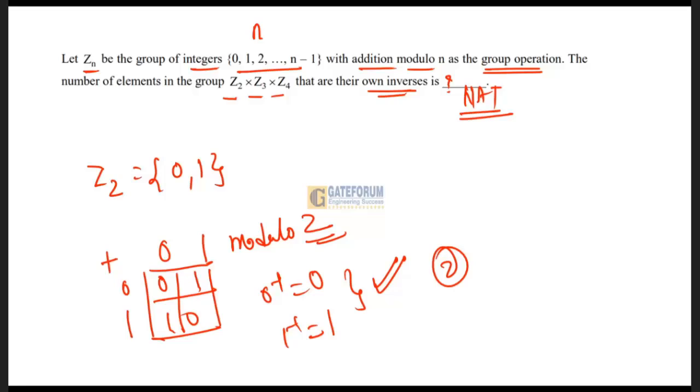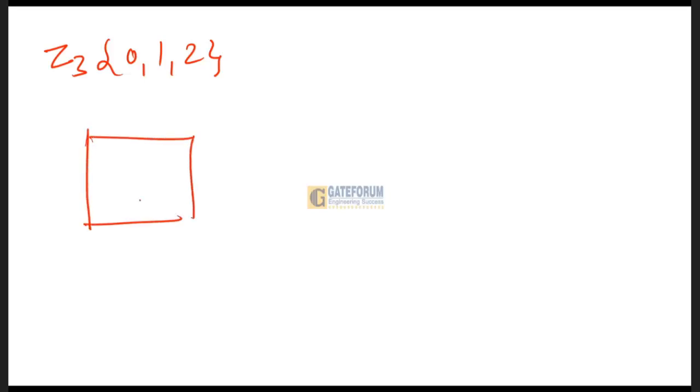Now we need to consider Z3 also. In Z3, 0, 1, 2 will be there, and we need to use the concept of modulo 3. The table would be 0, 1, 2; then 1, 2, 0; then 2, 0, 1.